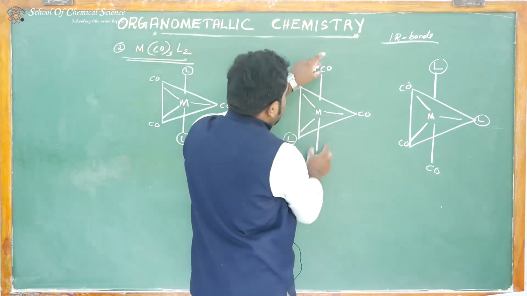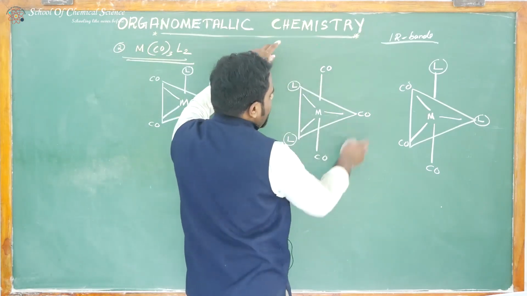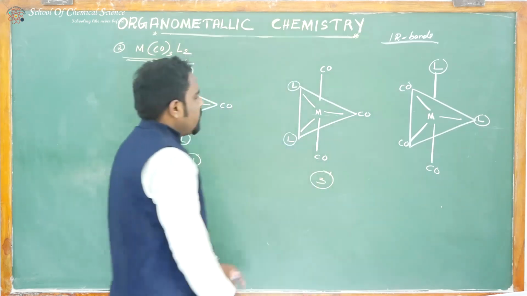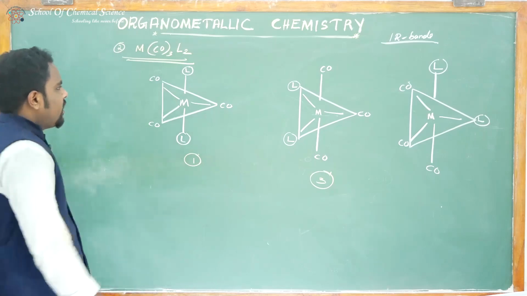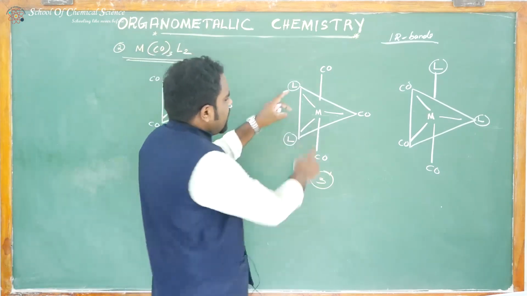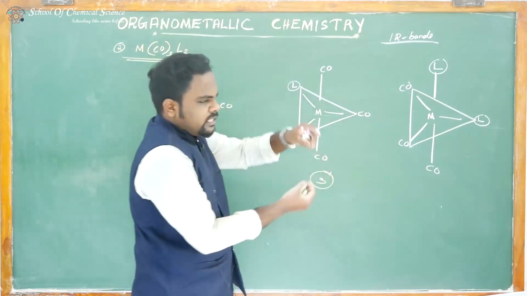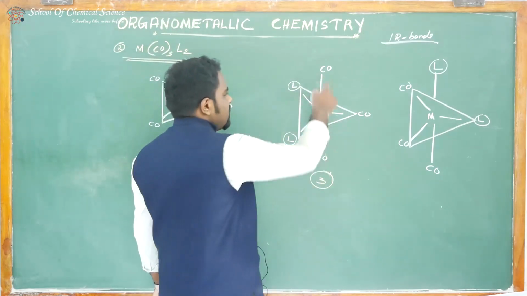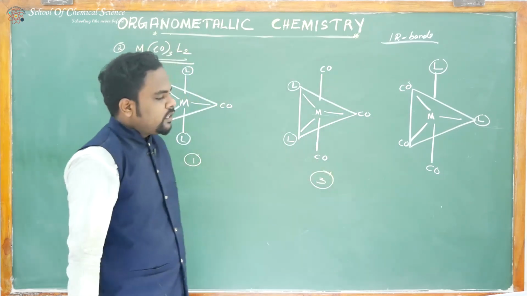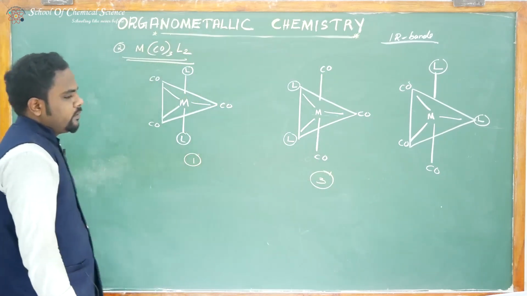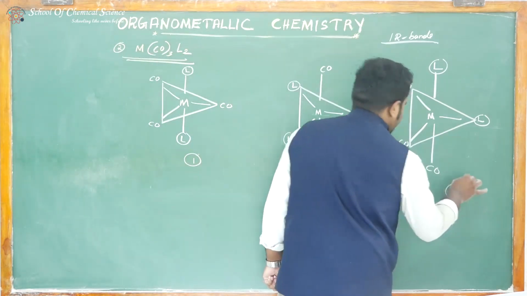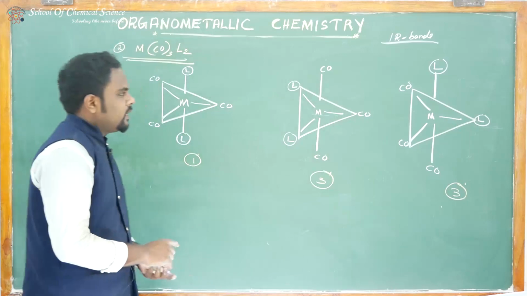This can be considered as a linear and 1 bend, total 3. If 2 L ligands are equatorial, in both equatorial the M-CO bond length is a little bit longer. So this is a linear and 2 equivalent bends. So total 3. Here also total 3.